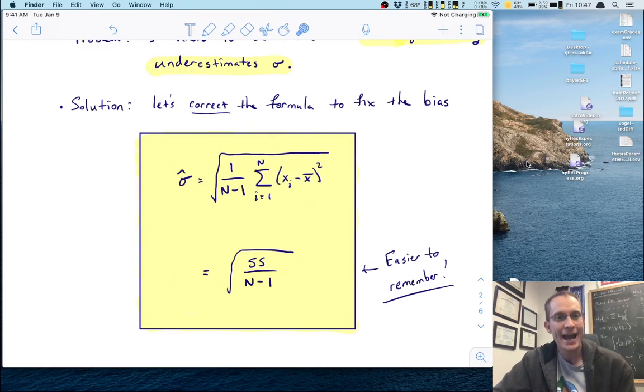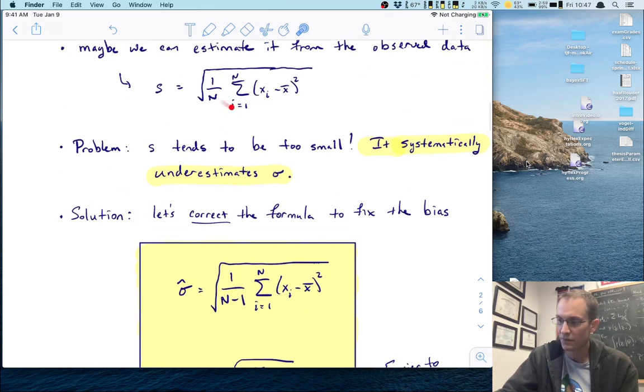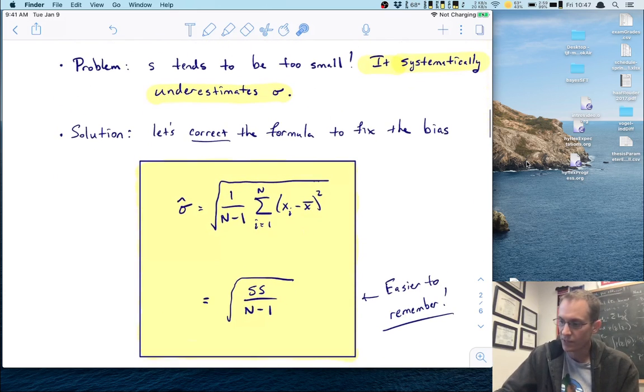We call that sigma hat, and the hat indicates that it's an estimator of the value of sigma. It's not this unknown population parameter itself, it's rather an estimator from data. And what we do is we essentially do the same thing as above, right? We take this sum of squared deviations, that's what this part is, but instead of dividing by n and finding the average of those, we divide by n minus 1.